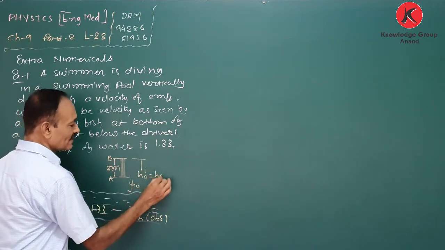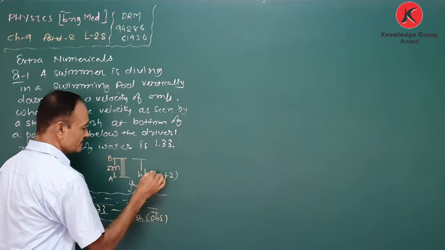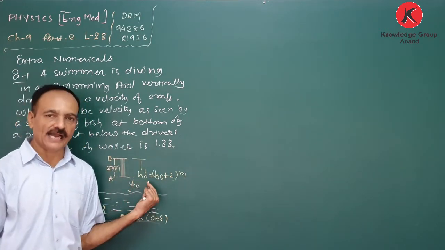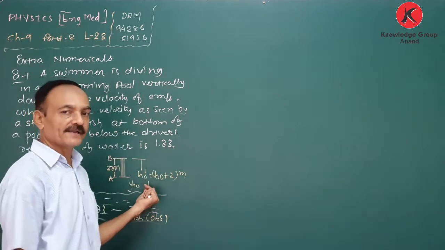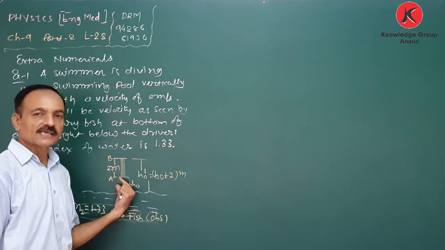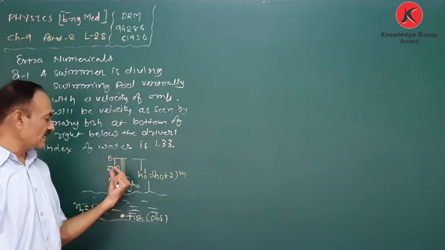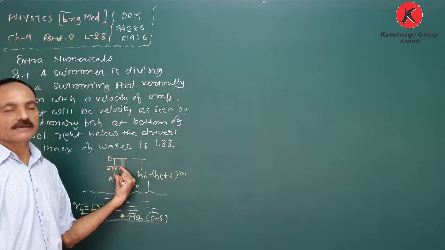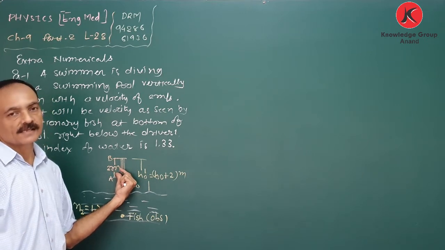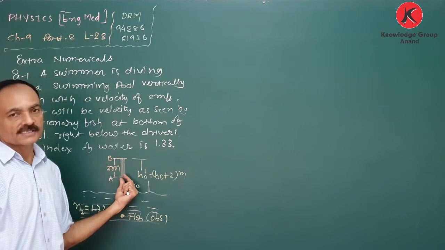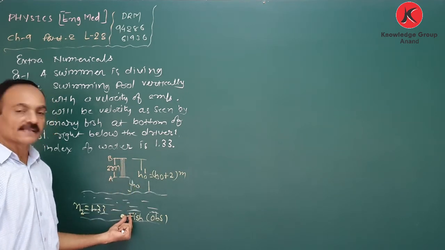HO dash is equal to HO plus 2 meters. Corresponding to these two heights, we find out the apparent heights. Therefore, the distance between these two apparent positions is the speed of the image of AB, and that is the speed of the diver experienced by the fish.